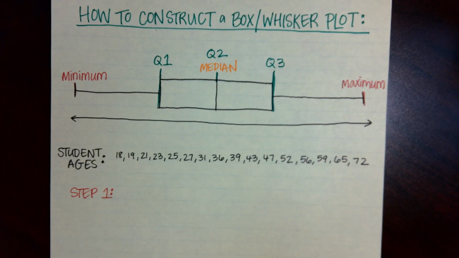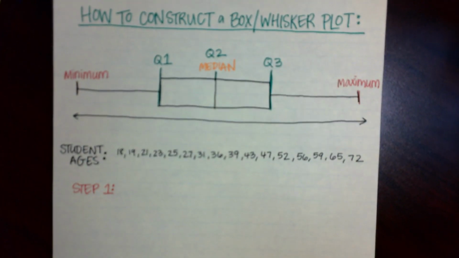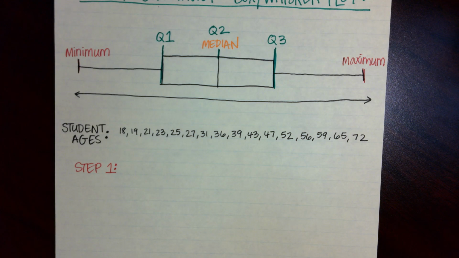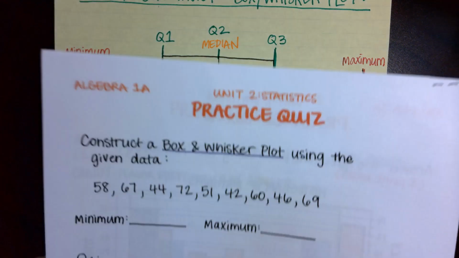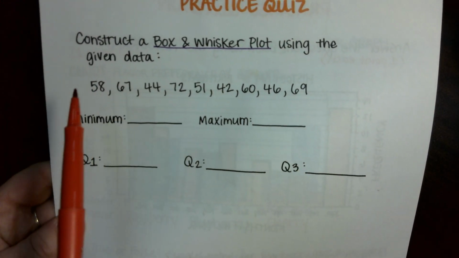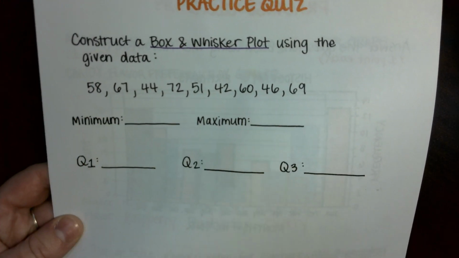I forgot that because I already put this one in order for you. But your numbers have to be in order from least to greatest. So like on your quiz one day, these numbers are not in order. You'll have to put them in order first.